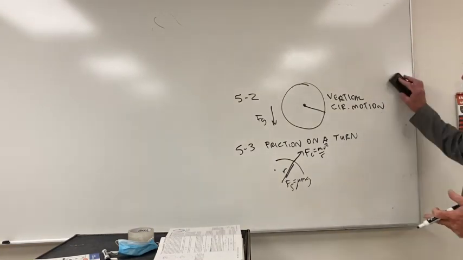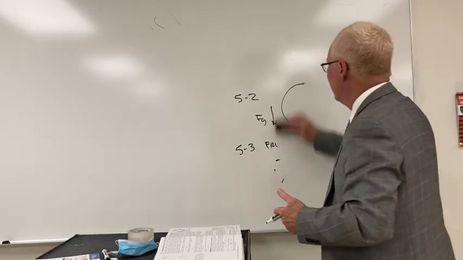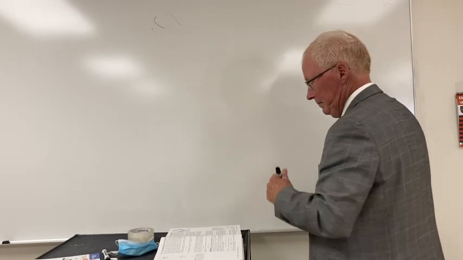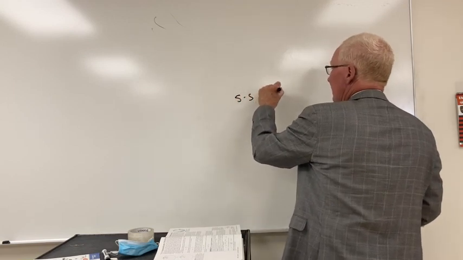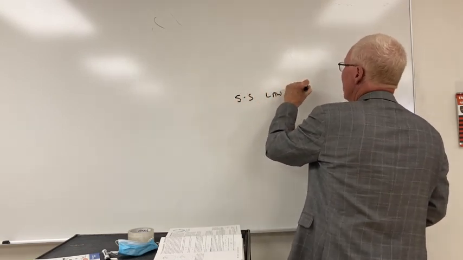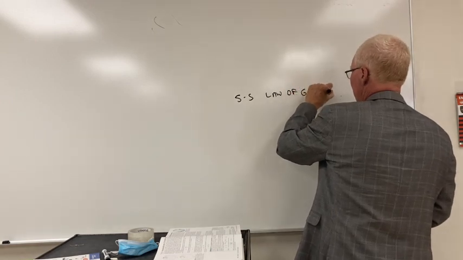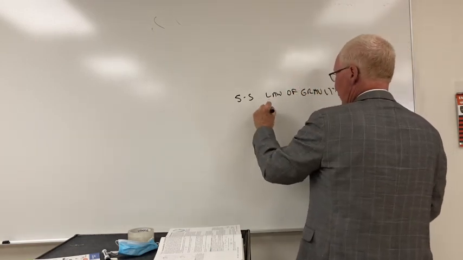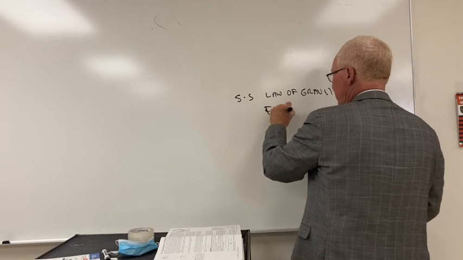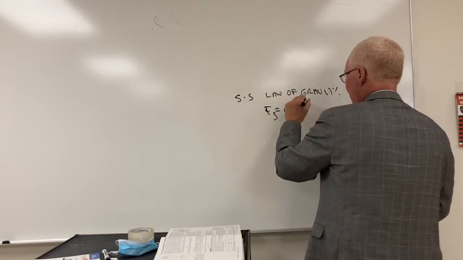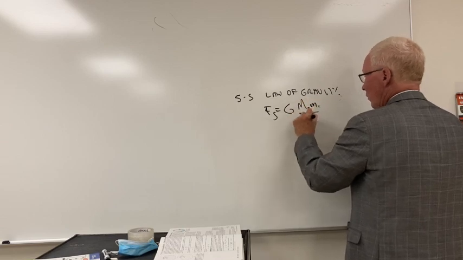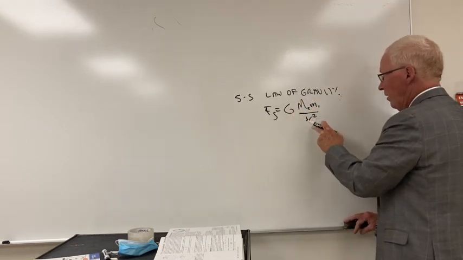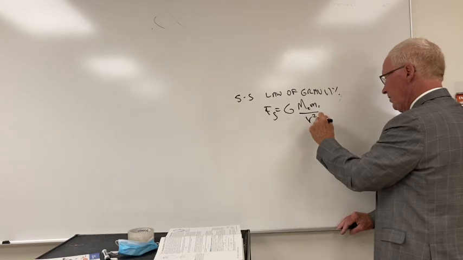All right, so the next section will be on gravity, the law of gravity. The force of gravity is G M sub E M1 over R squared, where R is the distance from the center of the Earth.